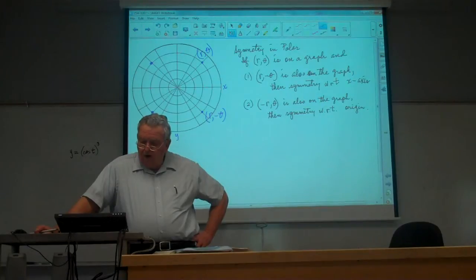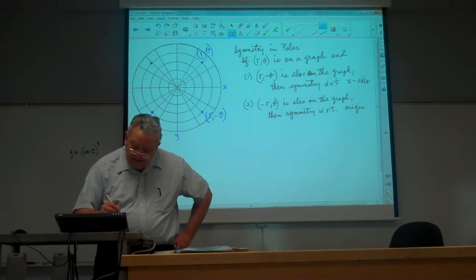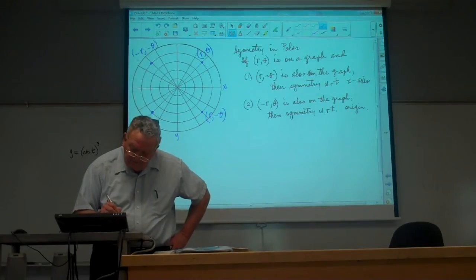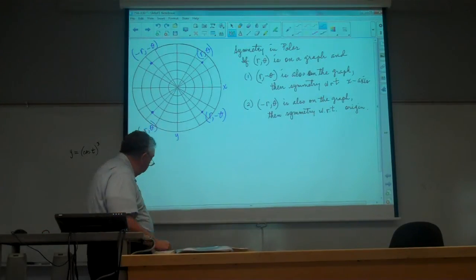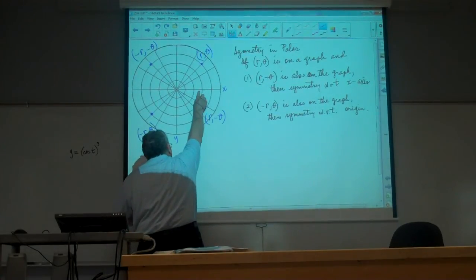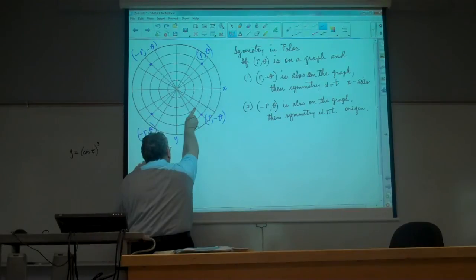If the first point up there is r and theta, what are the coordinates of that? Negative r, negative theta. Very good. That's exactly right. Isn't this angle negative theta?